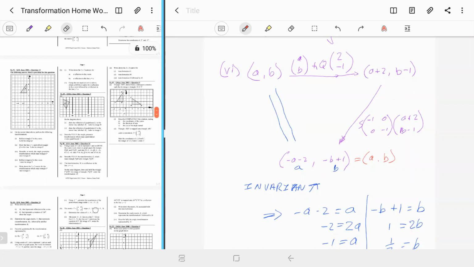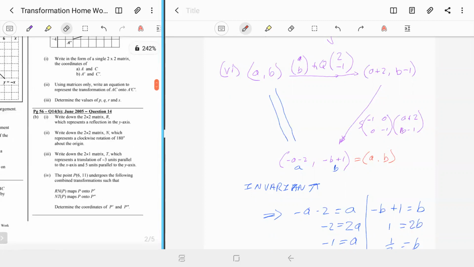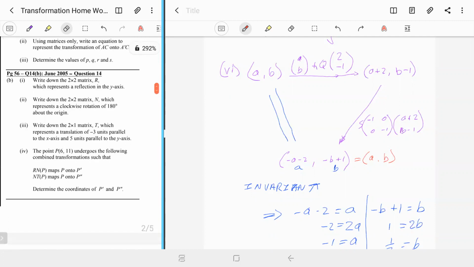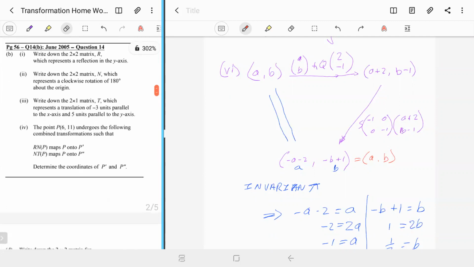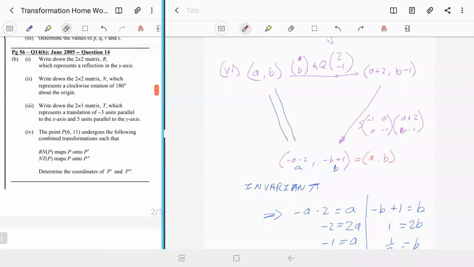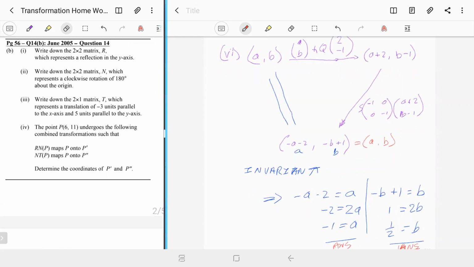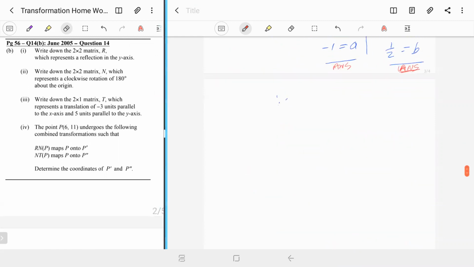Right here. A very similar question to one that we did. Let's do this one as well, just to emphasize the compound transformation. All right, so let's run that question right here.